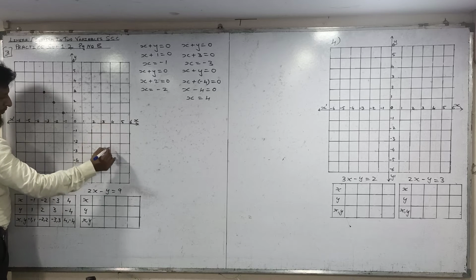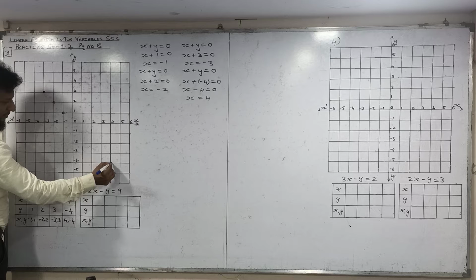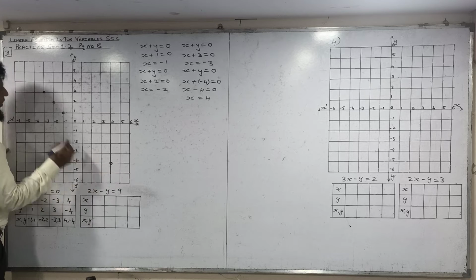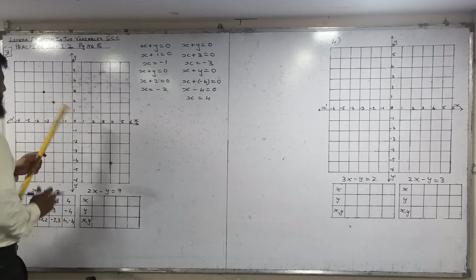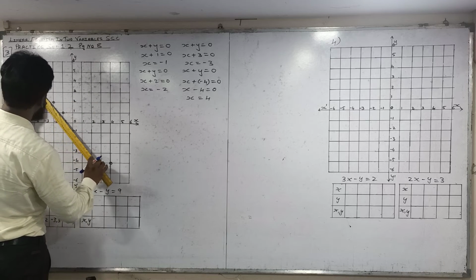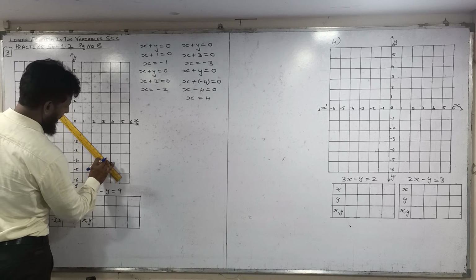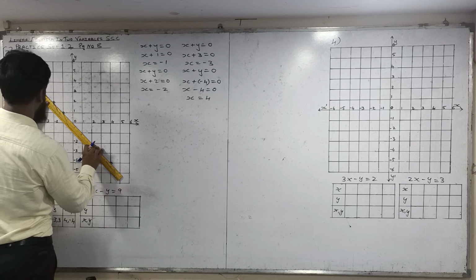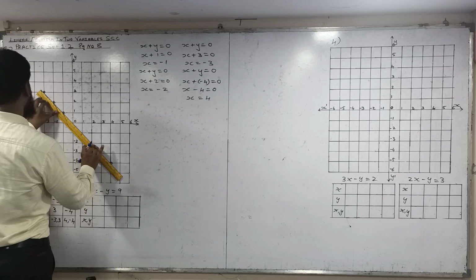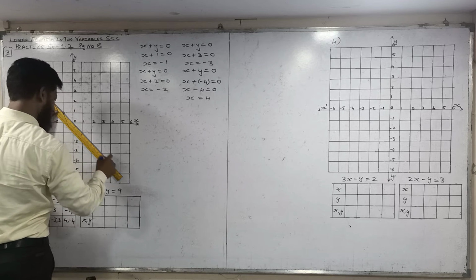So I am now drawing a line. Plot these 4 points and then draw the lines. Okay. So arrange all 4 points in proper order.